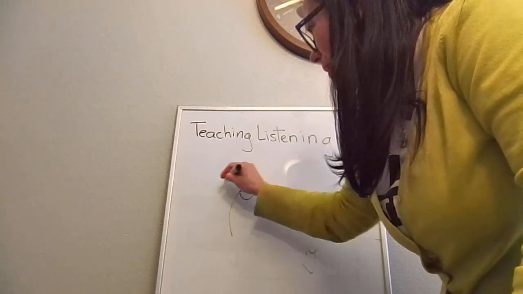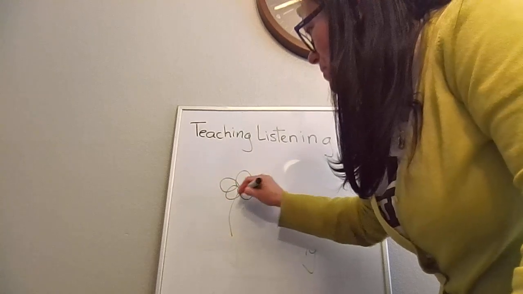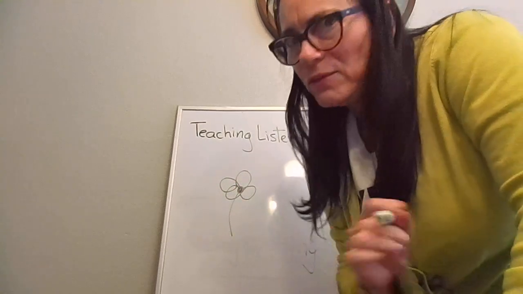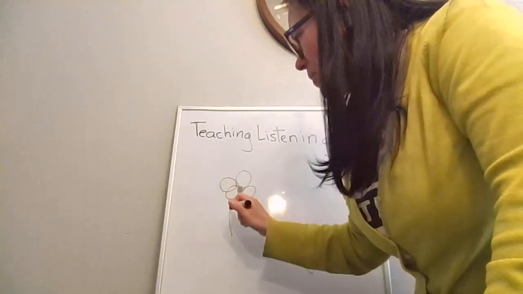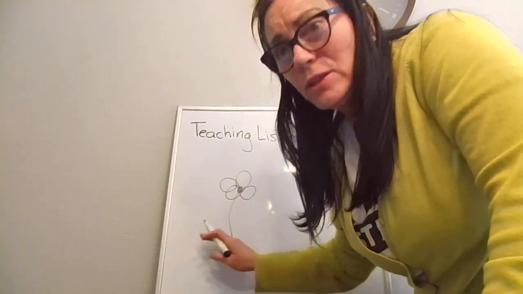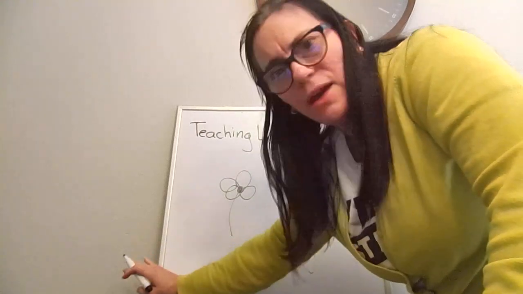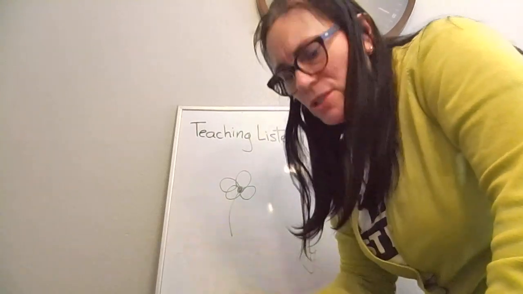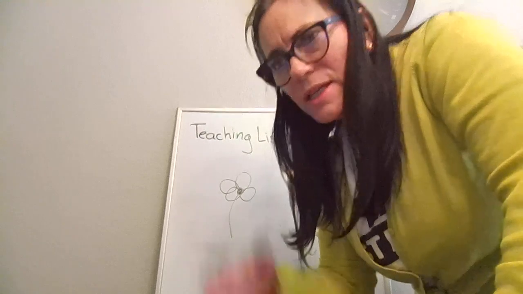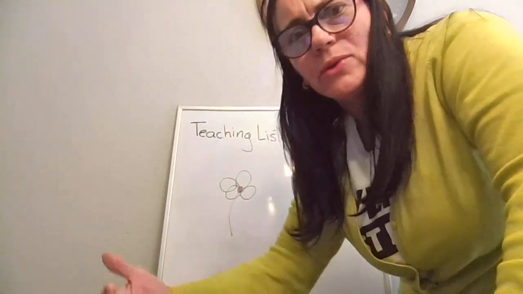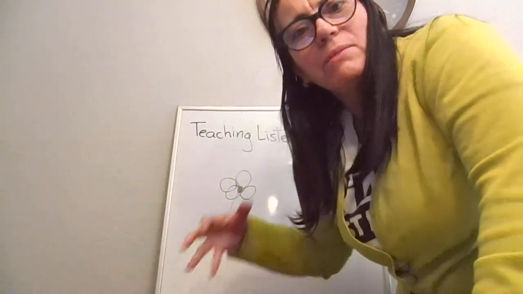Yeah, I can draw a flower. So you can give them options because sometimes they are not very good drawers, but from one word that you say as a teacher, the children can draw.